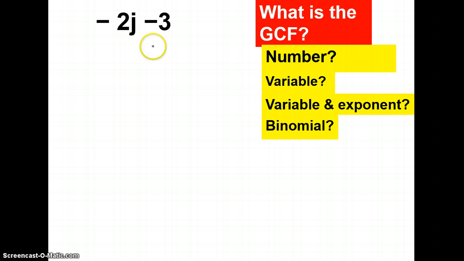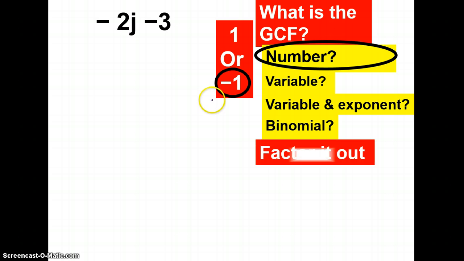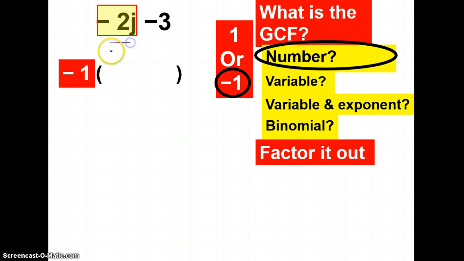How about this one? What do they share? Well, they don't share a variable. This doesn't have a J. But they do share kind of a number. 1 or a negative 1? Negative 1. So I'm going to factor that out. If I divide by a negative 1, what would that be?